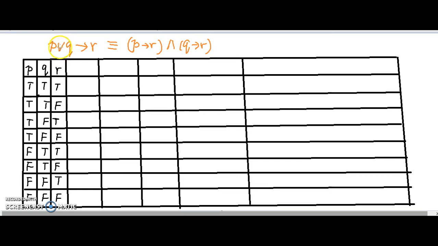We will do P or Q, the condition. So we look at the first two columns, and for an OR statement, if one of them is true, then it's true. So we have T, T, T, T, T, T, F, F.